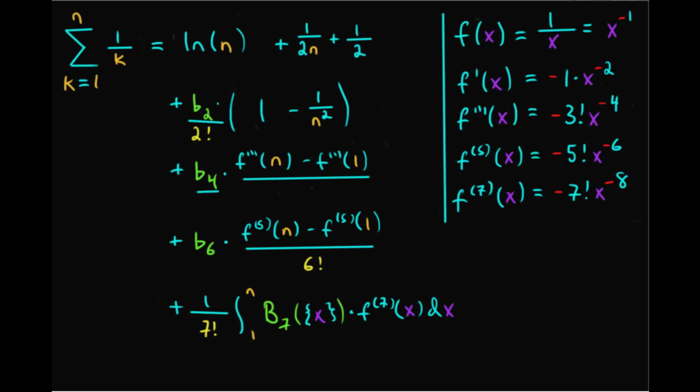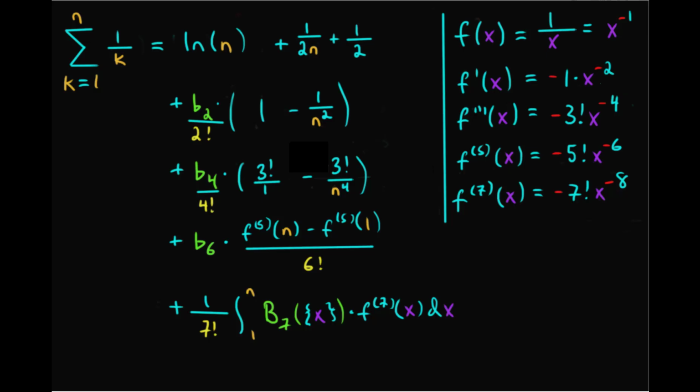For our next correction term, we'll have b sub 4 over 4 factorial times the quantity negative 3 factorial over n to the fourth minus negative 3 factorial over 1 to the fourth. And then applying the double negative to rearrange these terms, this will be 3 factorial over 1 minus 3 factorial over n to the fourth.